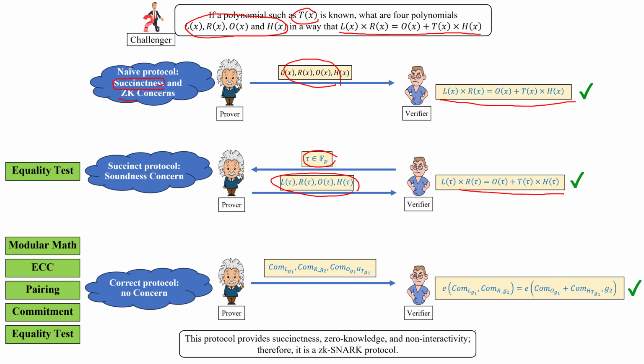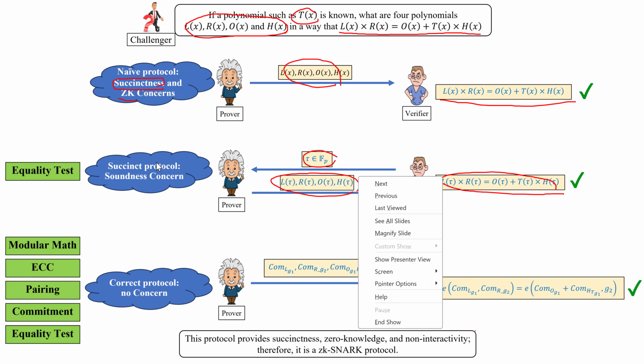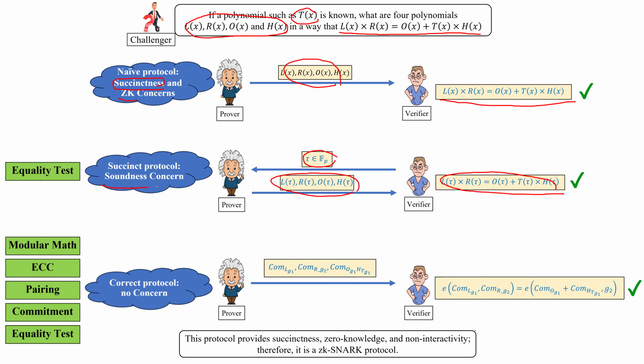And if this equality test is satisfied, then the verifier is convinced that the prover knows the polynomials. However, the concern was soundness. What if the prover doesn't really compute the evaluation using the polynomial? We saw that the prover can generate fake evaluations and pass the test.